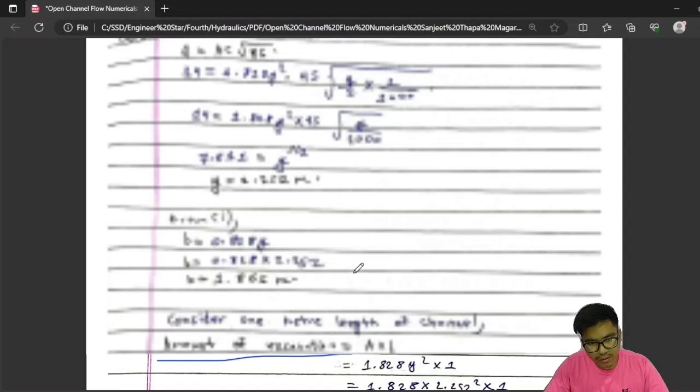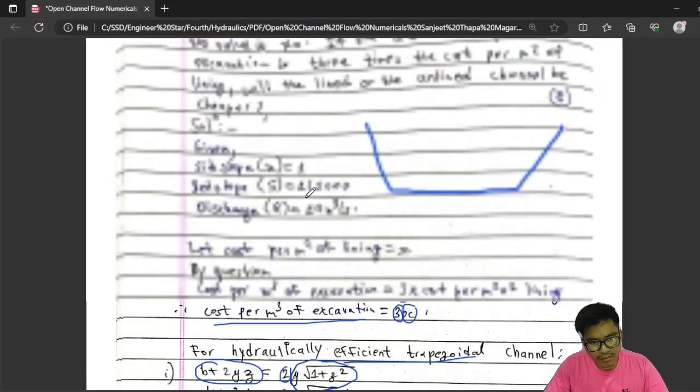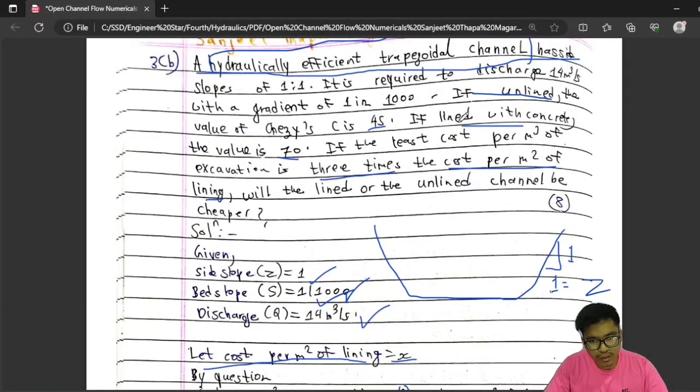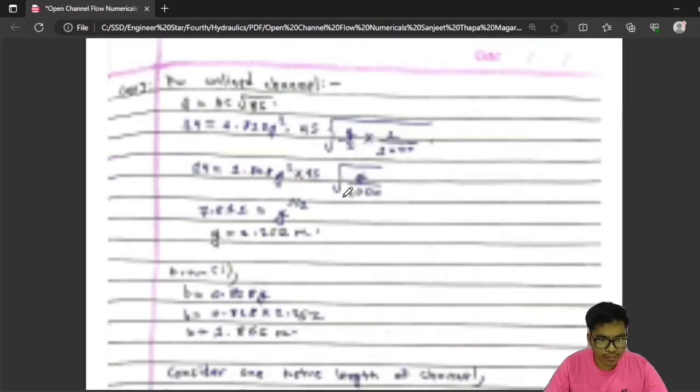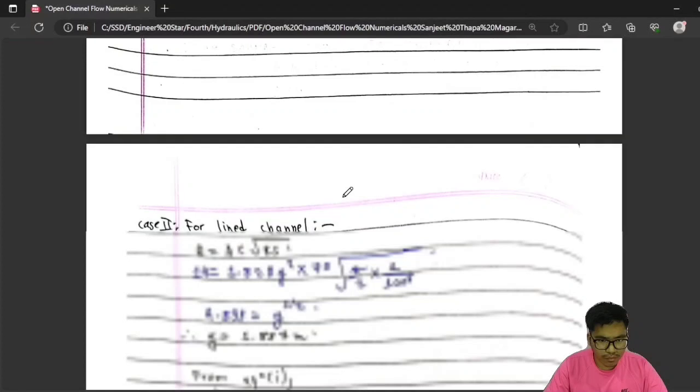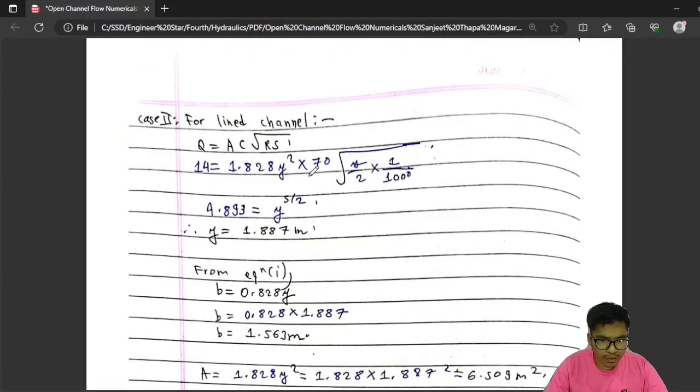And in another case, C is, if lined with concrete, the value is 70. So y is 1.887 meter.